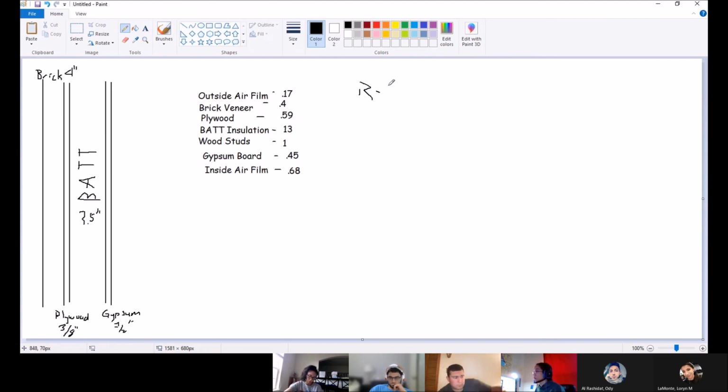R value is a measurement of resistance to heat flow. And that's where it makes sense. It's insulation, so it should be pretty good insulation. Its R value is 13, so it's super high. It blocks a lot of heat, has a lot of resistance to heat flow.